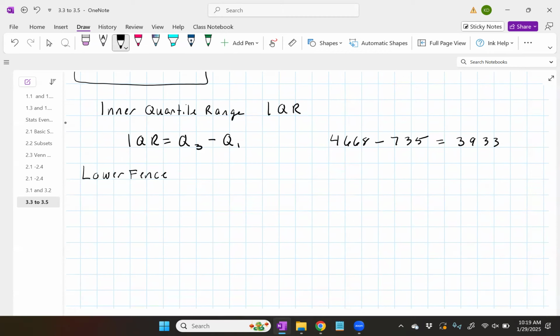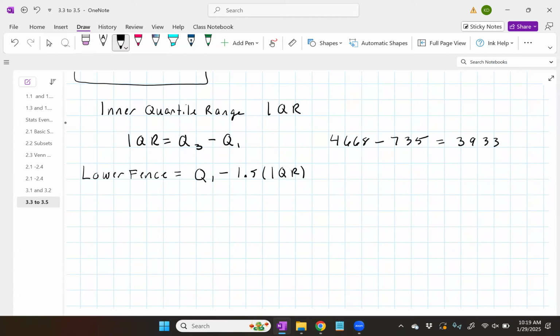For our lower fence, we're going to take our quartile 1 value minus 1.5 times our IQR number. And what this tells us, anything that's lower than this lower fence is a really small outlier.